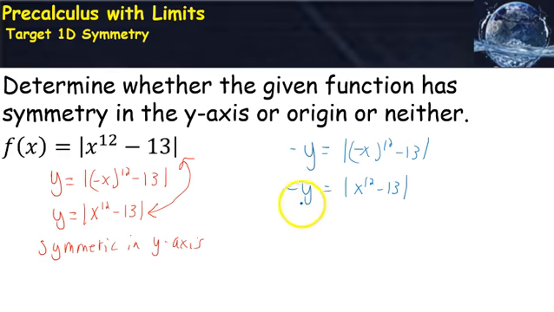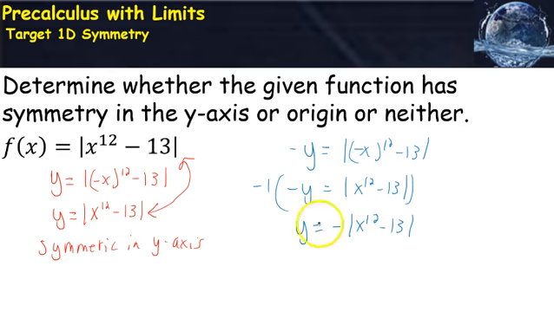And then I'm going to multiply by the negative 1. And I get y equals negative x to the 12th minus 13. Now these absolute value lines, or walls, don't let anything in. So you cannot distribute through. You can't distribute that negative through. So this is the way it has to remain.